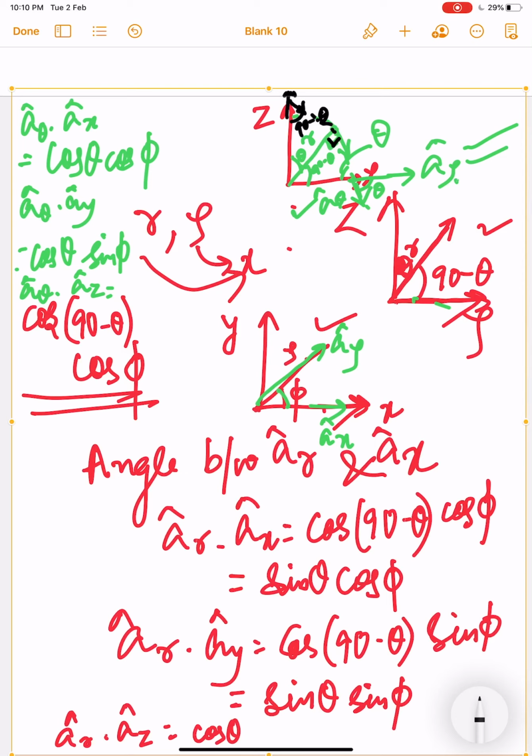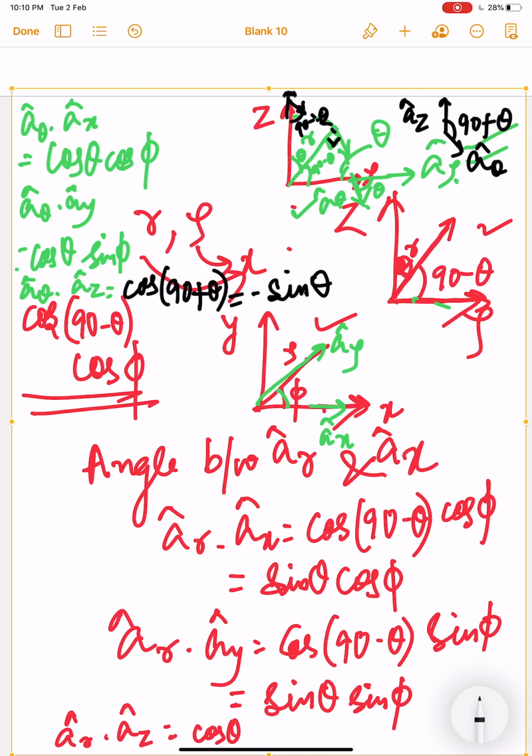So the angle between a z cap and a theta cap is 180 minus 90 minus theta, so basically I'll get 90 plus theta. So if I have to write a theta dot az, then I'll write cos of 90 plus theta, that is equal to minus sin theta.